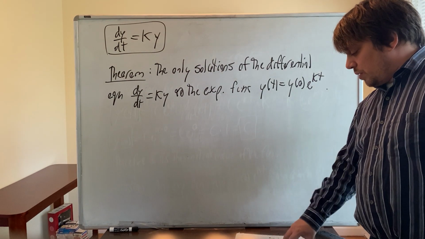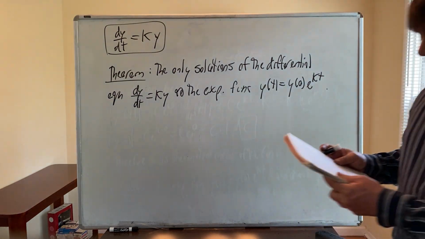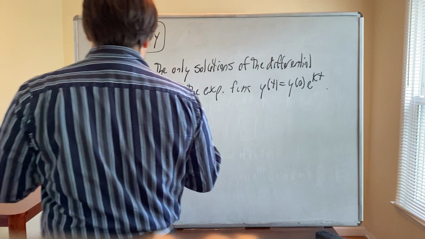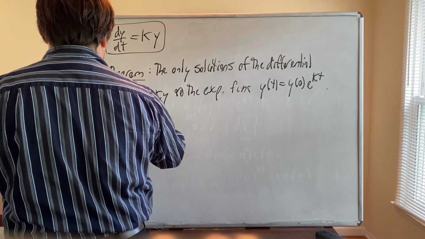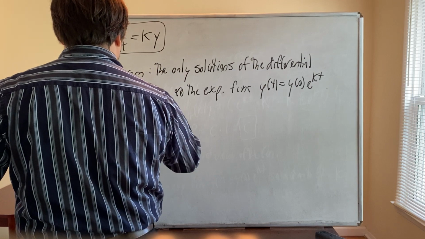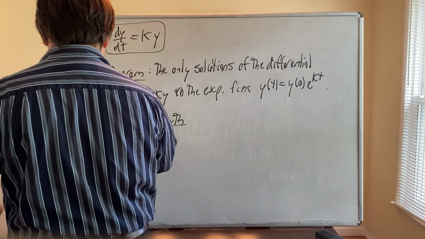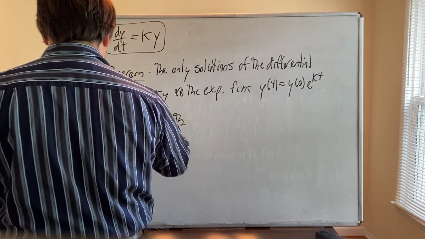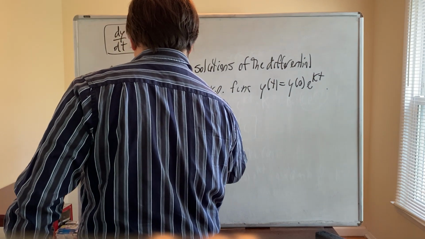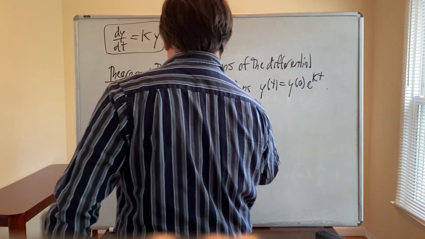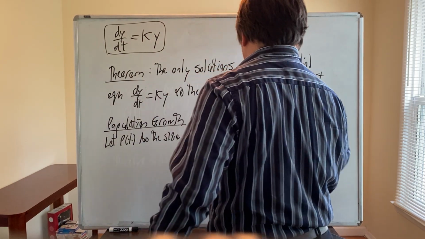So we're continuing in 5.5 exponential growth and decay. Next is population growth. Let P of t be the size of the population at time t.